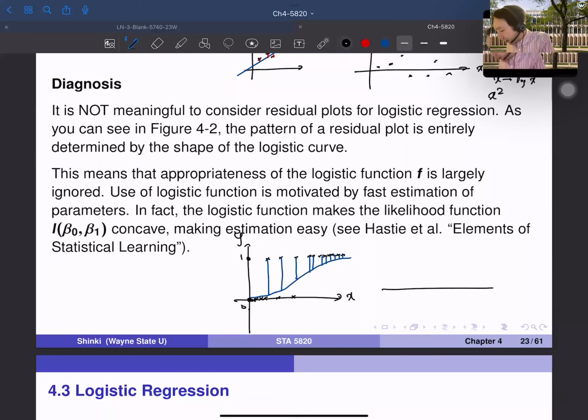So if we think about X and residual, what happens? Then these are positive residuals. So what will happen is that we have this kind of residuals, and also the other way around.